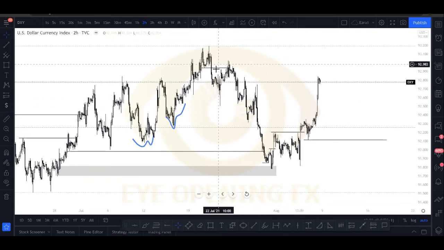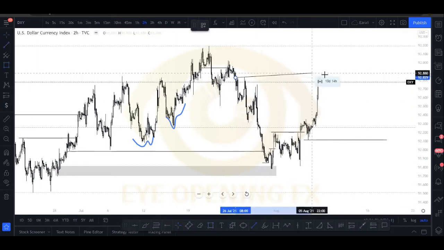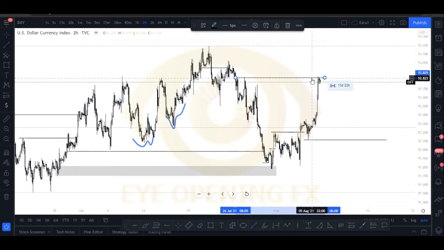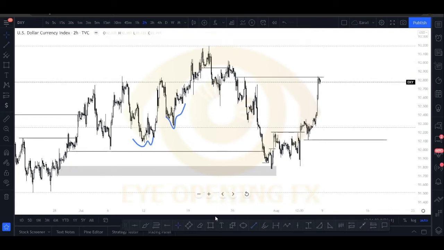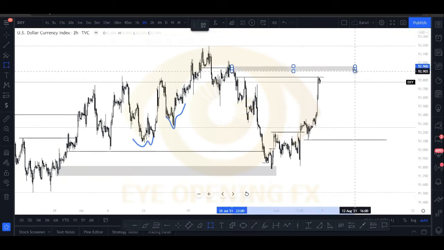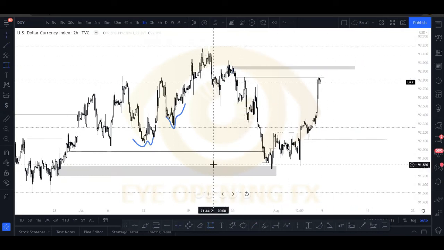So here now is our primary break of structure. Though we had a little market manipulation around this high, around this area, that means we have a little point of interest at this area on this DXY, and another one around this area.